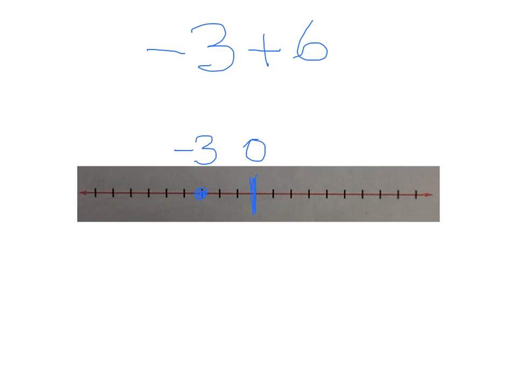And I'm going to add 6, which means I'm going to go to the right in the positive direction. So if I add 6 to negative 3, I go 1, 2, 3. That gets me back to 0. 4, 5, 6. I end up at positive 3. So negative 3 plus 6 equals a positive 3. And this is how you can use a number line to add.